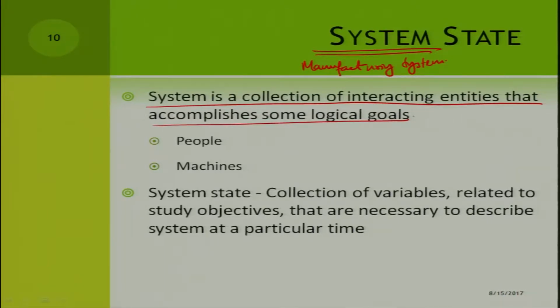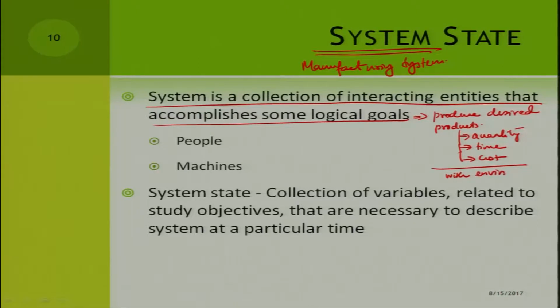Our logical goal is to produce desired products. You have to produce it in the right quantity, at the right time, at the right cost, and now we add being environment conscious. That is the logical goal for us.